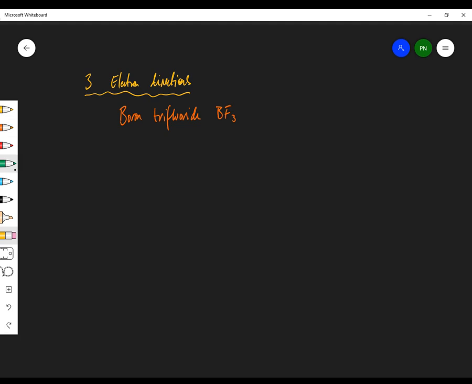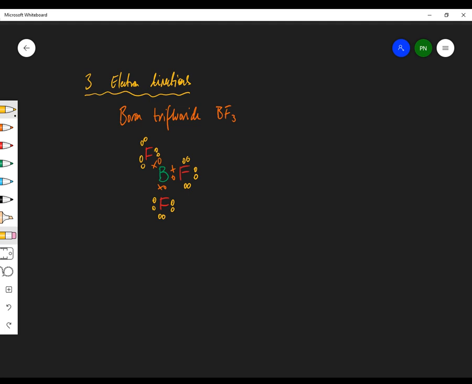Now, if we were to draw boron trifluoride, it would look like this: B, and you'd have 1, 2, 3, and over here we'd have F, F, and F, and there you go, our fluorine electrons there. All right, and it would look like that.